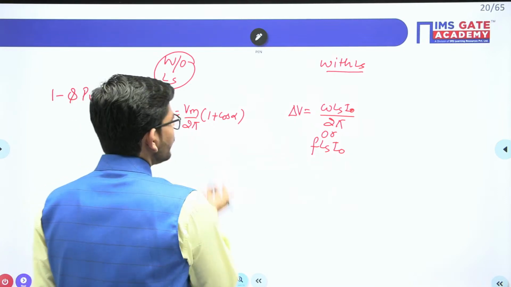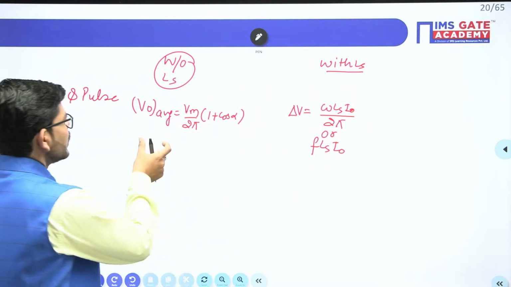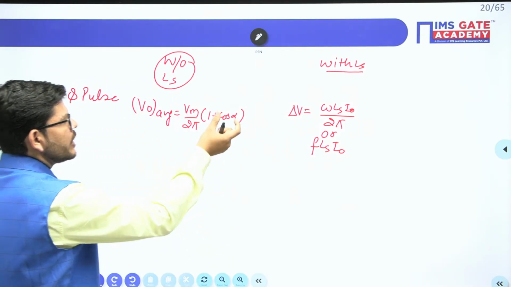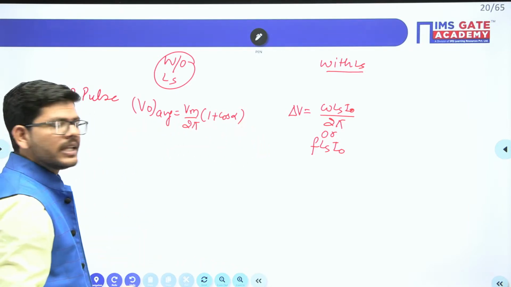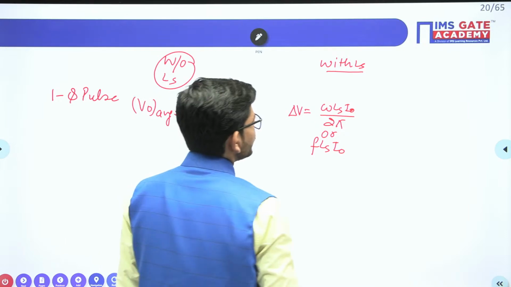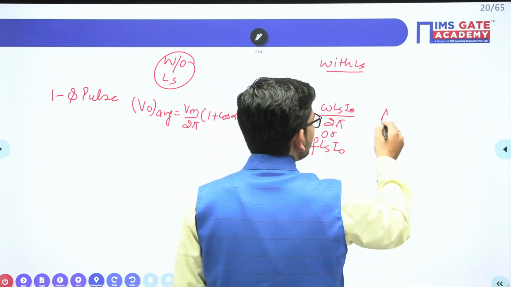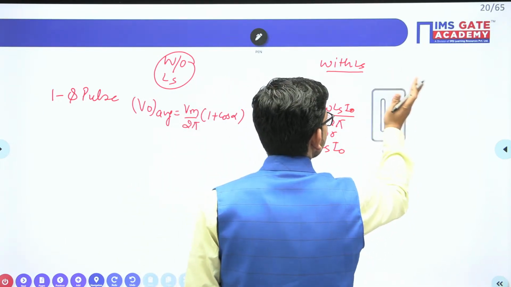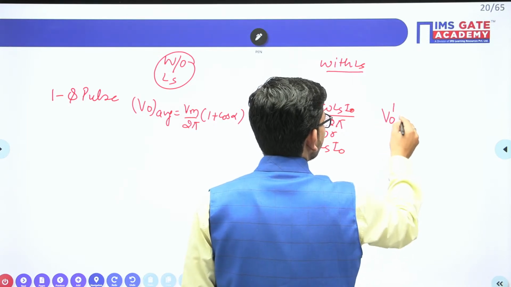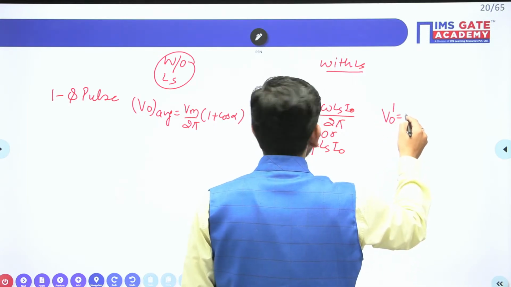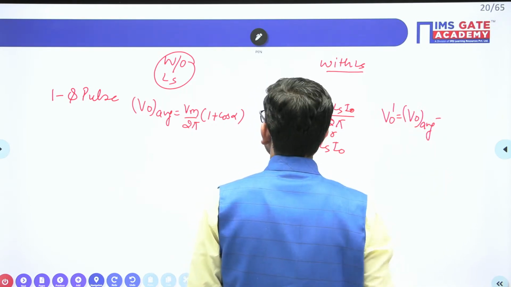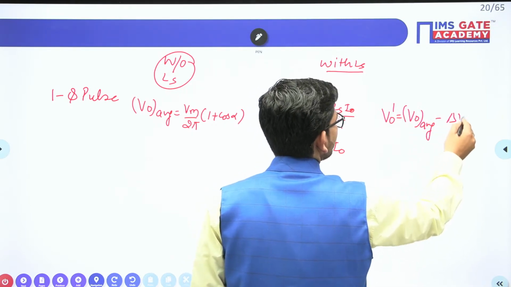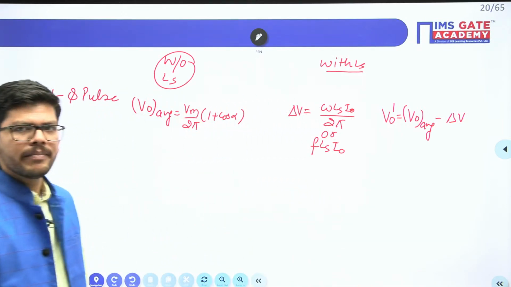So what will be the new voltage? You reduce this amount from the old amount and you get the net output voltage. The new output voltage V naught new will be the old output voltage V naught average minus the reduction factor. This is how you can remember these things.